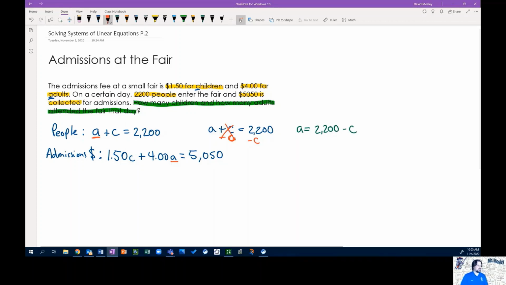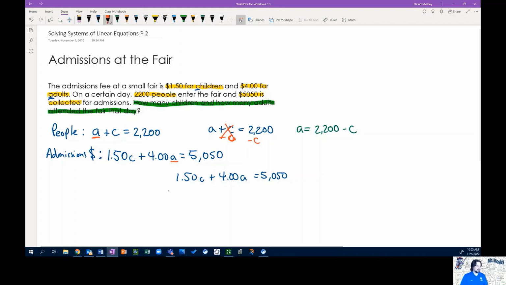All right, we'll do something similar with this one. We're starting with 1.5C plus 4A equals 5,050. I want A on the left by itself.